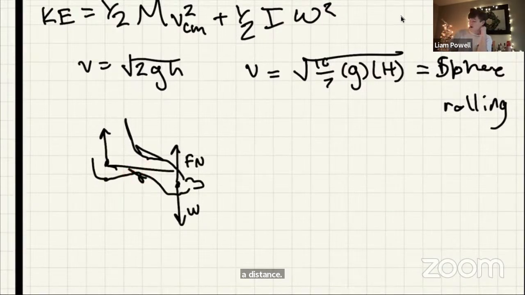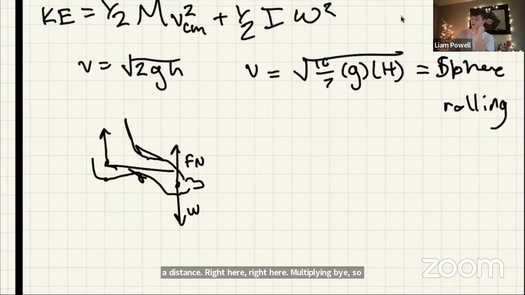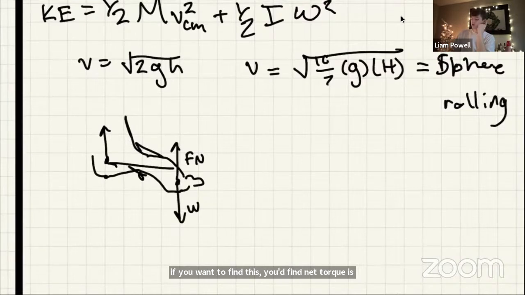multiplying by, so if you want to find this, you'd find net torque is equal to 0, and then it would be equal to the normal force. And then if there are additional points with other forces, you can add them in.